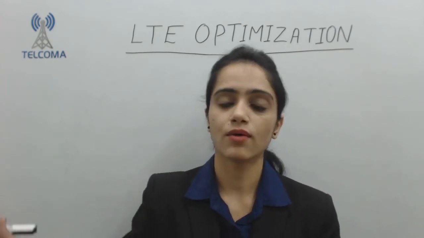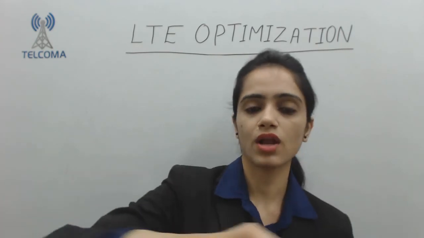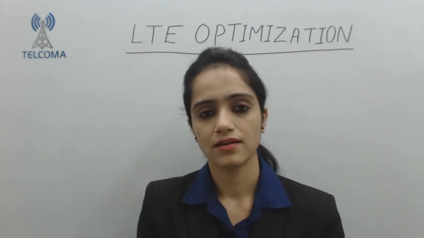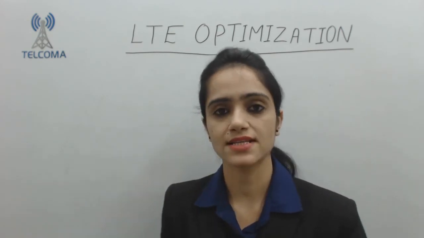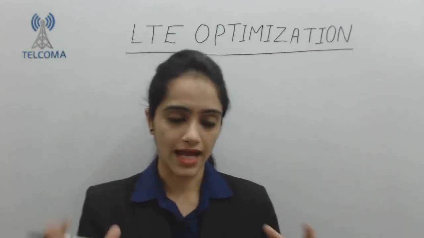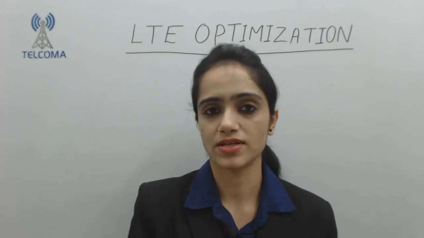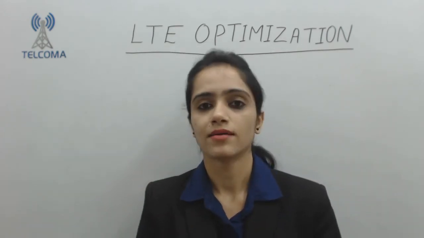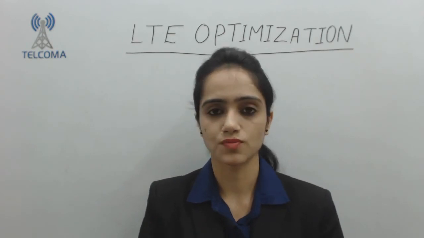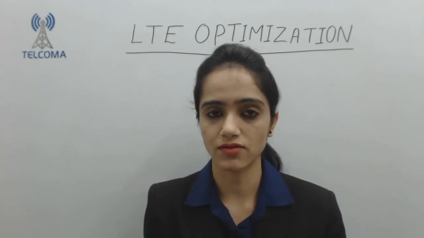That means we require to monitor and check all handovers in a market, and whether my network is working properly or not. In short, optimization is majorly about network performance, because if my network performance is good, then only will I have more users, more speed, and better quality of service.